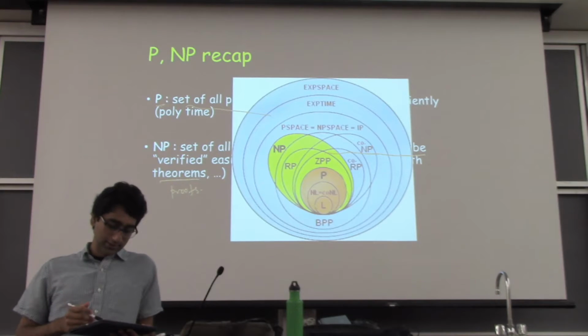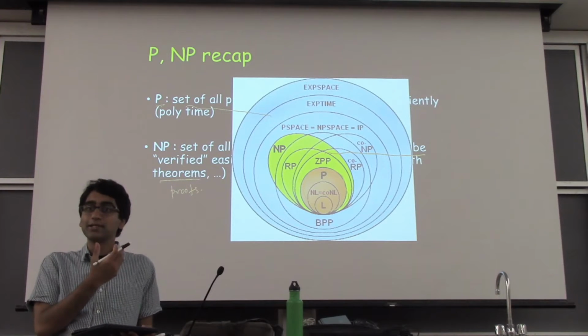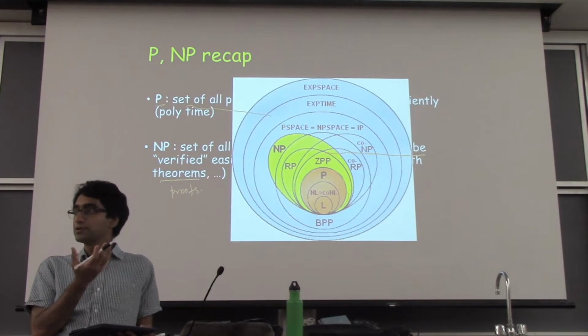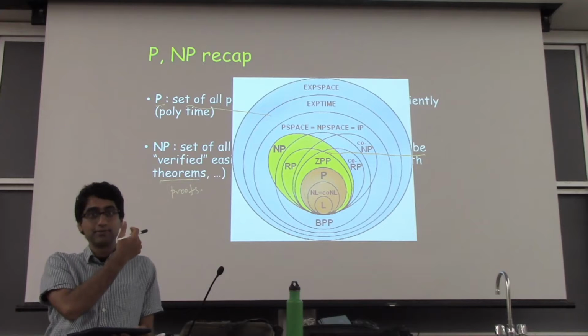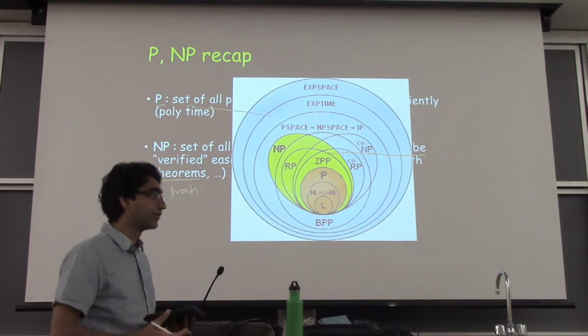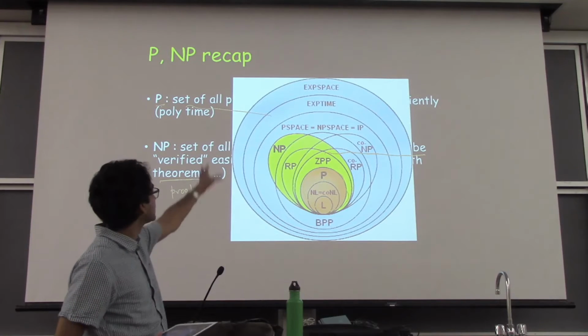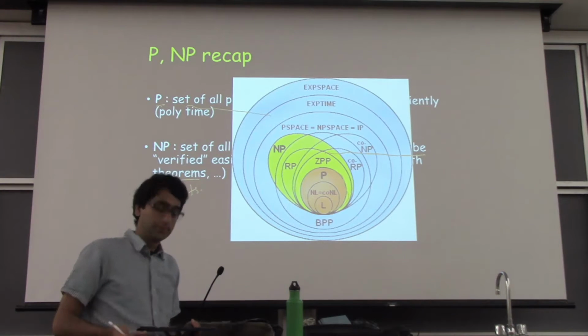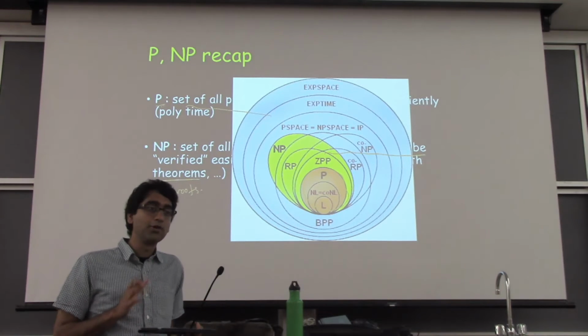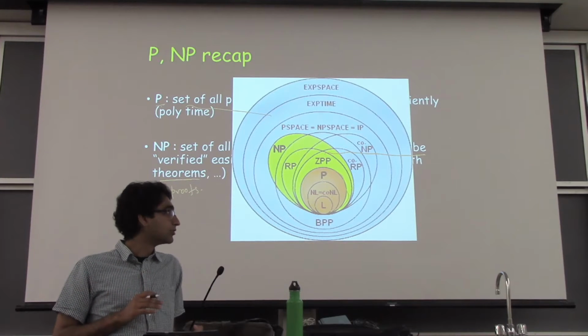There are lots of other complexity classes. One of the favorite jobs of complexity theorists is, given a problem, to try to figure out where it lies. These are just some examples of classes, and there are a lot more. This is just to give you an example of what kind of things people do.